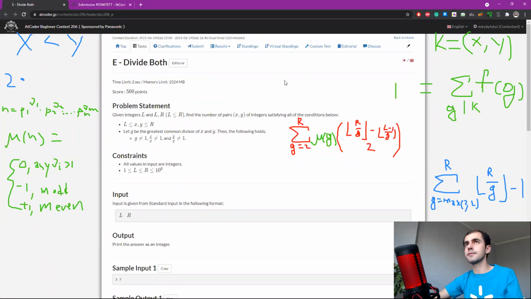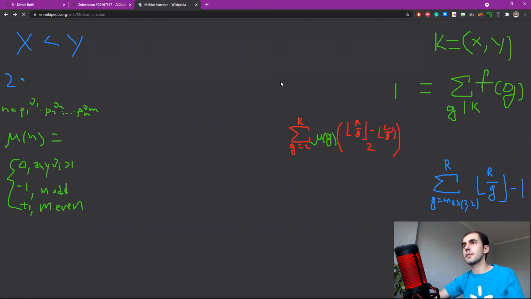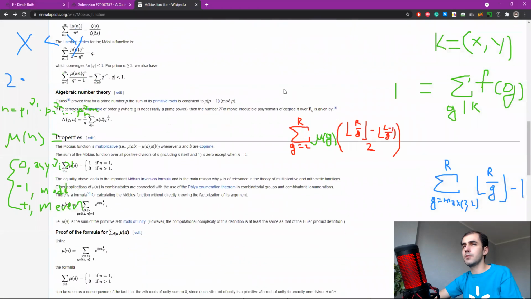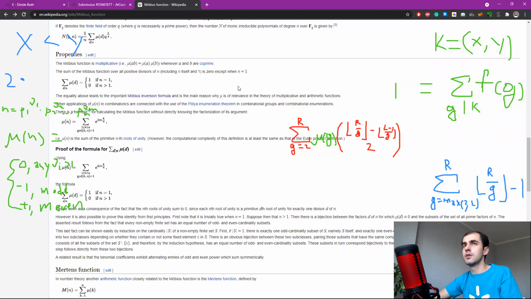The reason why we use the Möbius function is that it may be well known that the sum of the Möbius function over divisors of n is equal to 0 if n is greater than 1. But remember that we do not count g equal to 1 here. So that's why this sum is actually -1, meaning that we want to take the negative Möbius function here.